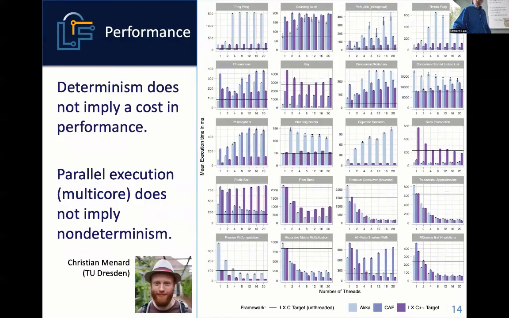Okay, one last topic that I wanted to just mention and not go into in a lot of detail. Initially, when I started working on Lingua Franca, I was pretty sure that determinism would come at an intrinsic cost in performance. It turns out that's not actually the case.